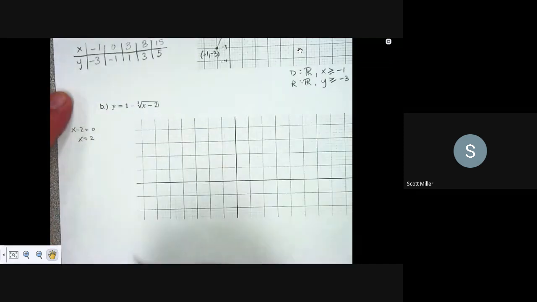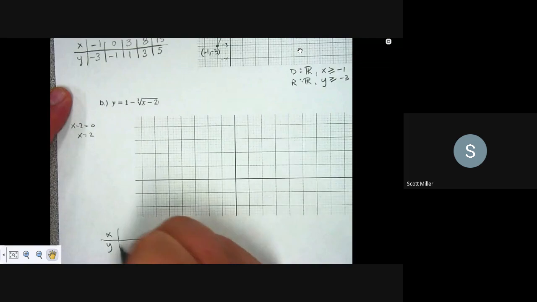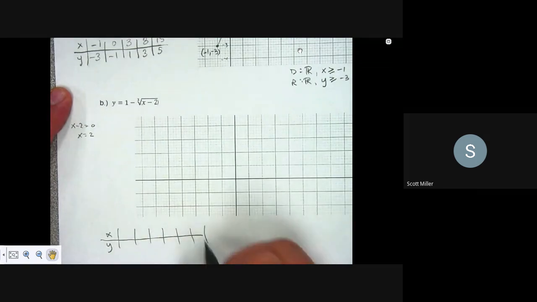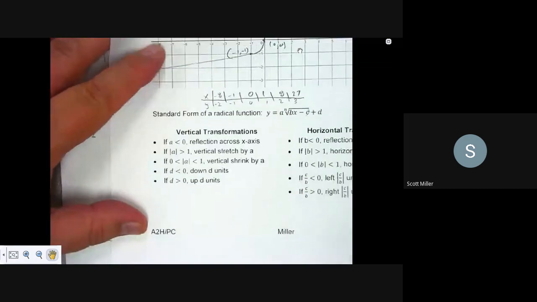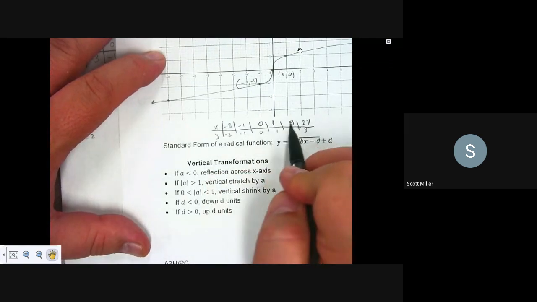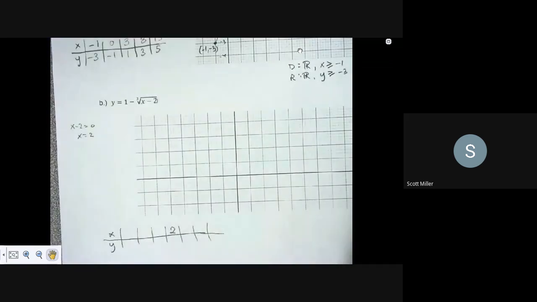So when I make my table down here, 2, 3, 4, 5, 6, I don't know how many I need, but it's going to be in the middle. That's the number that goes there. And it's the same process as this one over here now. I'll do the transformations here in just a moment, but see, that 2 we just found is this middle. So I'm going to use this parent table to help me figure out, because it's these numbers I can take the cube root of. So I want to get to those numbers in my table.